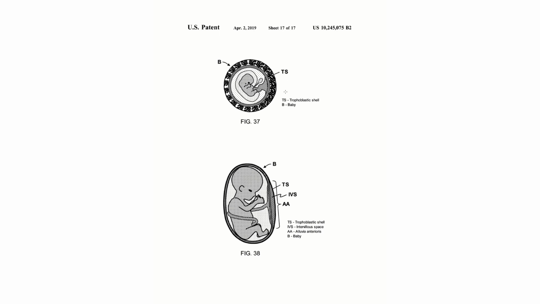What happens is the cells of the trophoblastic shell, the trophoblast, actually modify the maternal blood vessels, and so there are little holes in this outer sphere that are the venous and arterial fluid supplies.